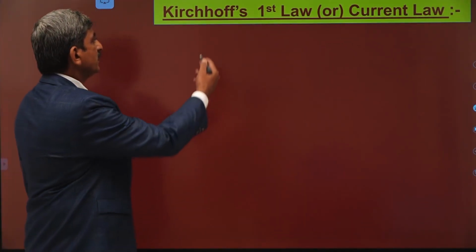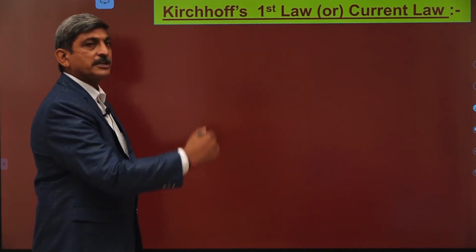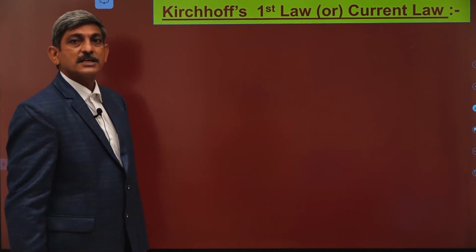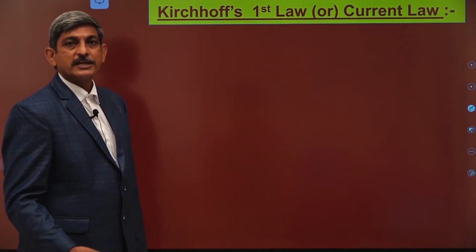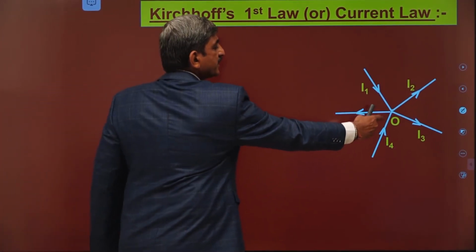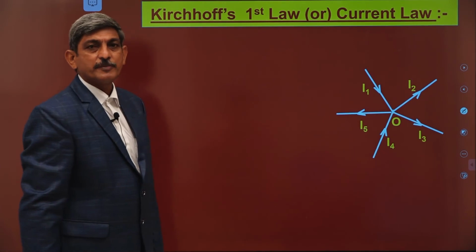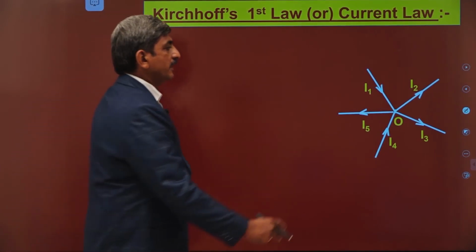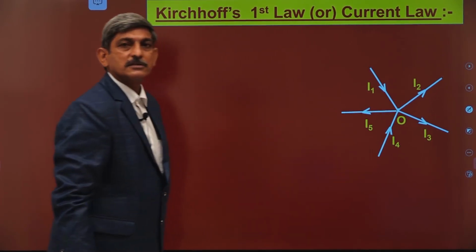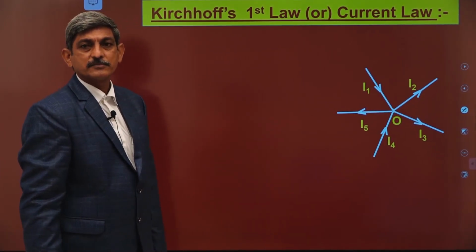First, come to Kirchhoff's first law, or Kirchhoff's current law. Generally, this first law is applied for a junction in the electrical network. Let us consider a junction O at which 5 branches are meeting. Different currents I1, I2, I3, I4, I5 are passing through the branches.